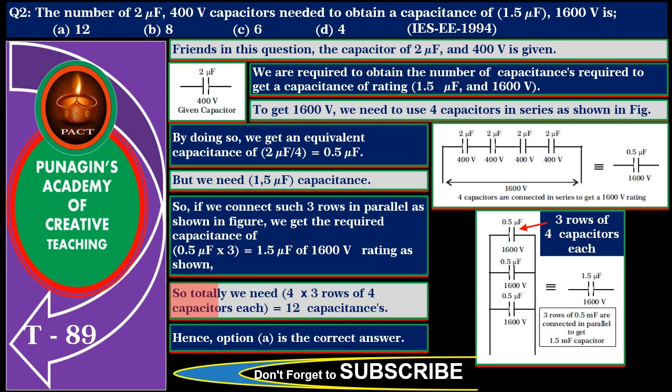So, totally we need 4 into 3 rows of 4 capacitors each equal to 12 capacitances. Hence, option A is the correct answer.